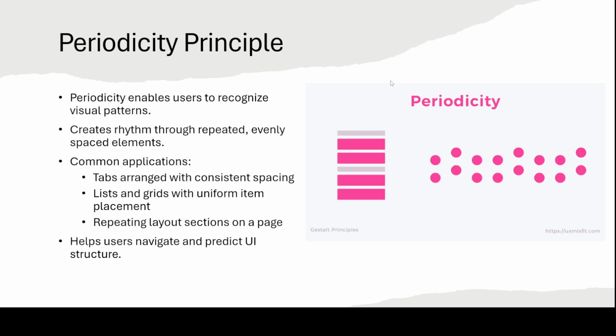For example, our week is repeated every 7 days, days of the week. And then we also have the year, which is also repeated, and then the daylight cycle is repeated daily. So periodicity creates rhythm through repeated and evenly spaced elements.